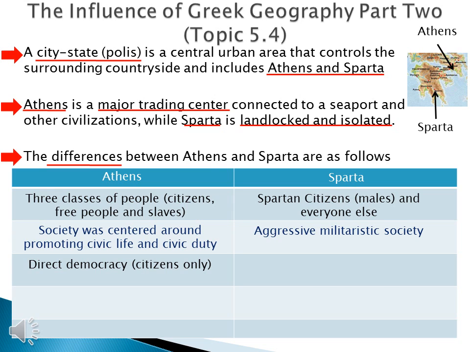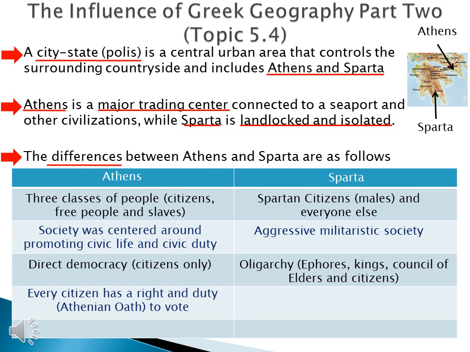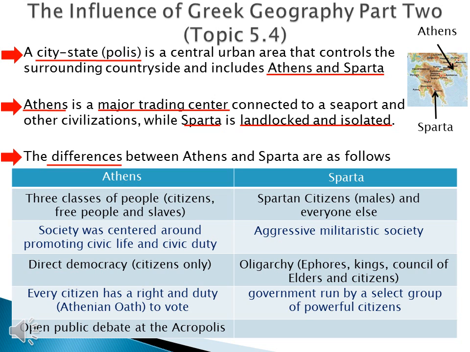In Sparta, we have an oligarchy: ephors, kings, a council of elders, and citizens. That's a select group. In Athens, every citizen has a right and duty to vote. You get that duty by taking the Athenian oath. In Sparta, the government is run by a select group of powerful citizens. Again, that's an oligarchy. Finally, in Athens, we have open public debate at the Acropolis. That's the center of the city. In Sparta, no open debate. Go to the next slide.